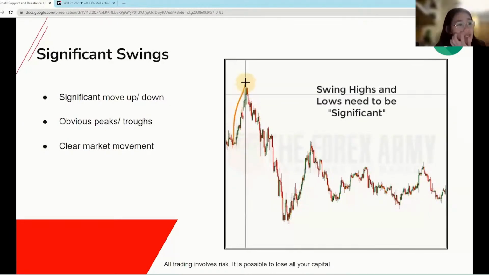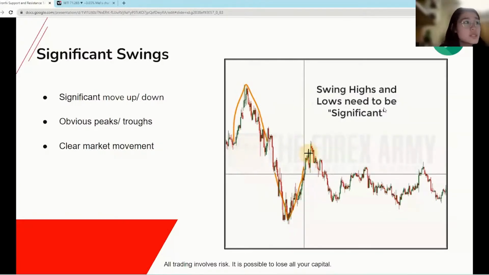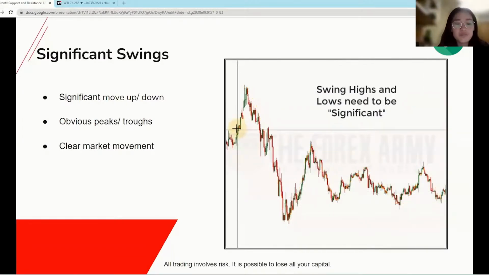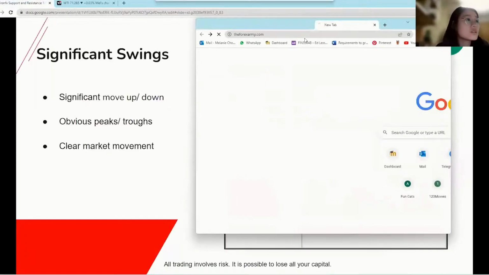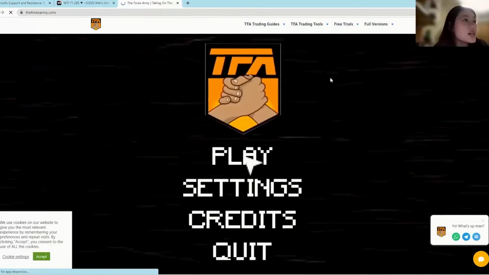So I'll maybe show you guys where we've taken all of these GIFs from, and a couple more that you will see in the coming slides. If you go online and search up forexarmy.com, it'll bring you to this page.